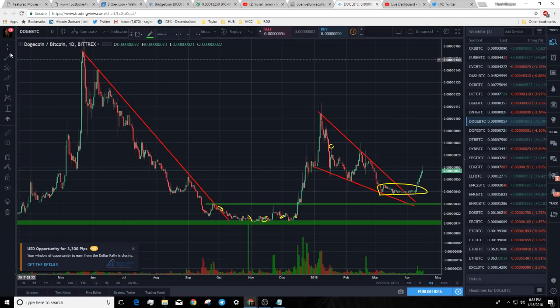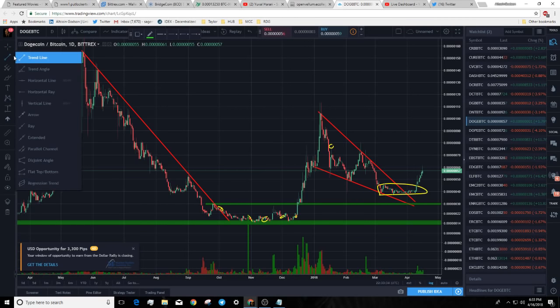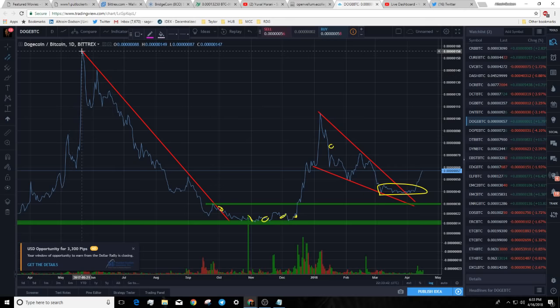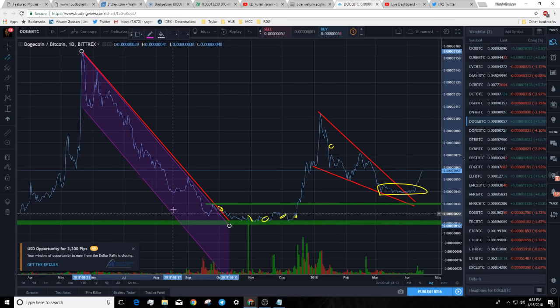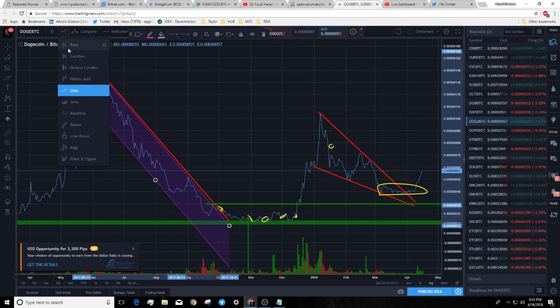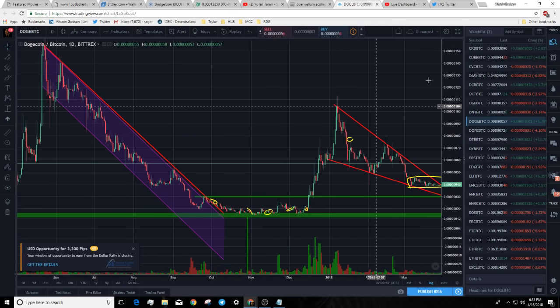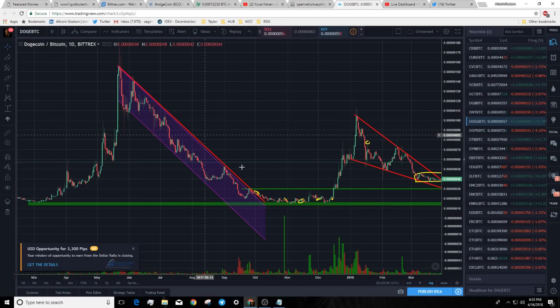A nice little tool that I like to use is the parallel channel. And if the chart is too noisy, you can just switch to line chart and draw your parallel channel there. And you can identify with these where the top of the downtrend channel is.